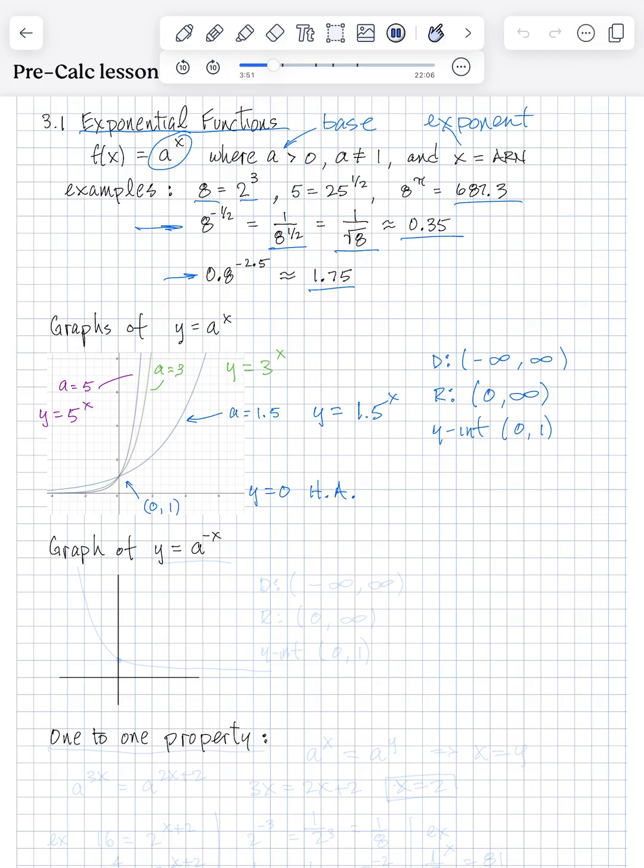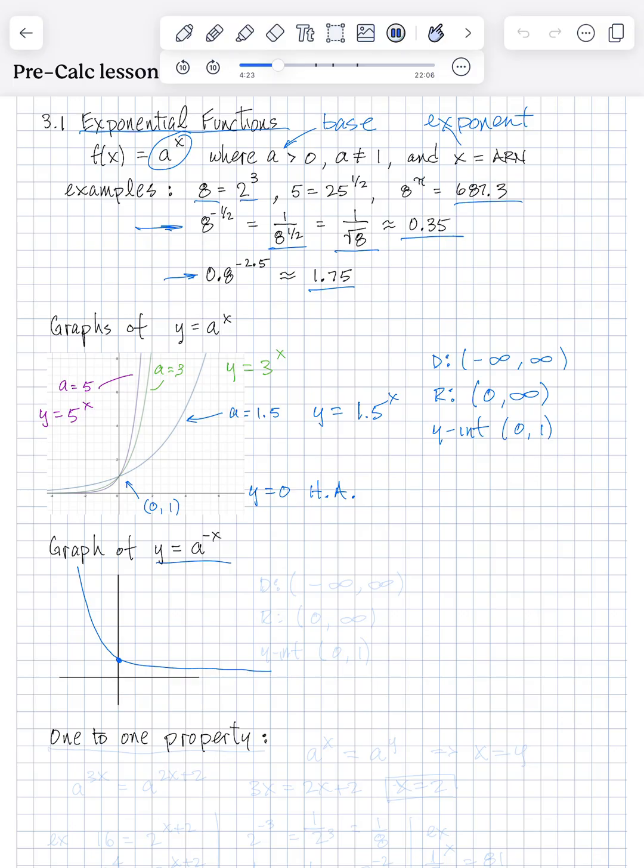So now let's look at the graph of y is equal to a to the negative x. Well, we're still going to have the y-intercept at 0, 1. But in this case, it's going to be reflected in the y-axis, and it's going to take a shape of this.